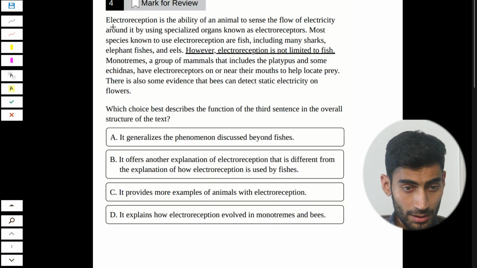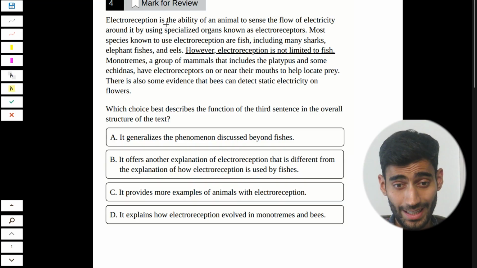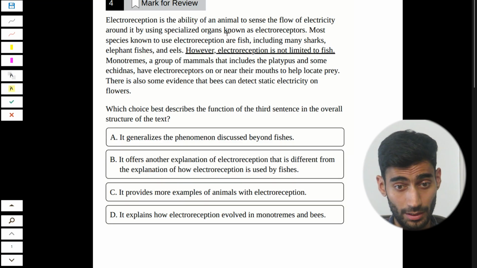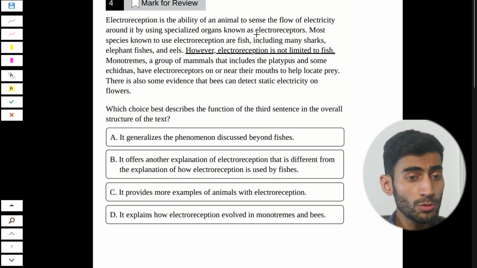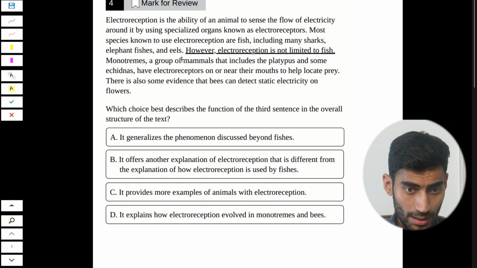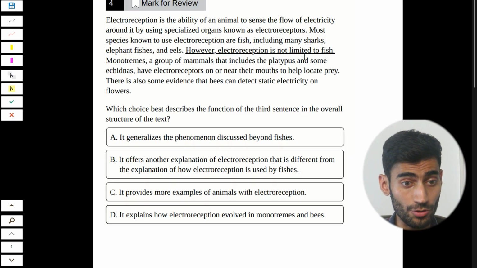Now let's read. Electroreception is the ability of an animal to sense the flow of electricity around it by using specialized organs known as electroreceptors. Most species known to use electroreception are fish, including many sharks, elephant fishes, and eels. However, electroreception is not limited to fish.